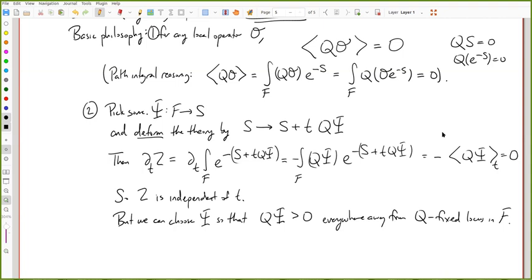So you'll be able to reduce it to an integral over a very small neighborhood, but then you do the integral in the normal direction, and you're left with an integral just over the Q fixed locus. So this is a little bit like a stationary phase method. It's very much like a stationary phase method.